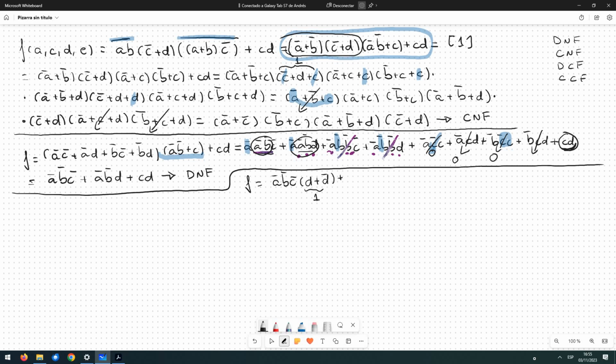So in the other product term, we need the C, so we multiply by the C plus the C negated. And in the other, we need the A and the B. So we have to apply the distributive property to this expression, and we are going to have all the mean terms of the canonical form. So if we apply the distributive property, we are going to obtain the following.